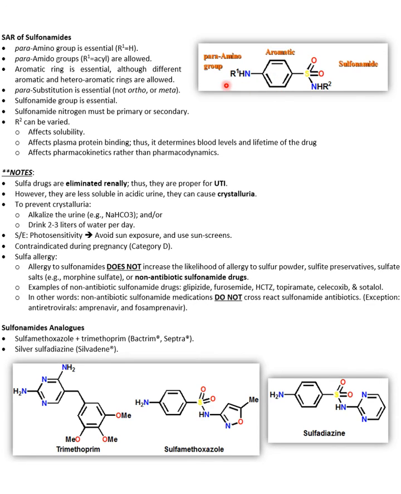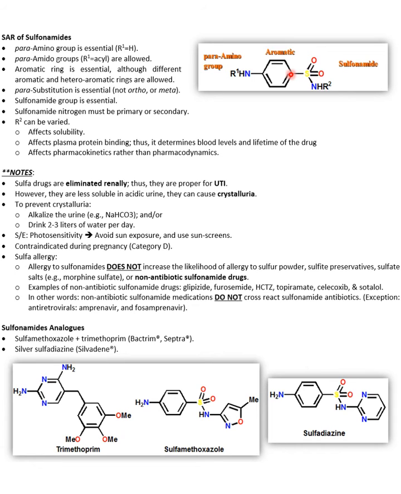Then also the para amino group is important and essential, and it should have at least one hydrogen in order to form the hydrogen bond, as we have seen in the previous slide when it binds to its receptor. The place of this amino group should always be in the para position to the sulfur.